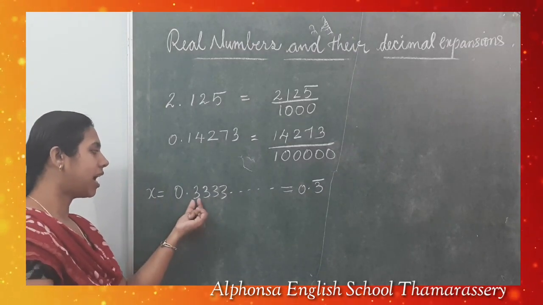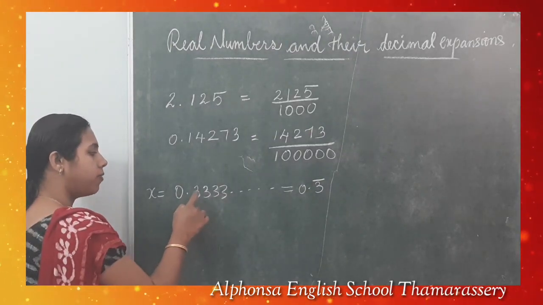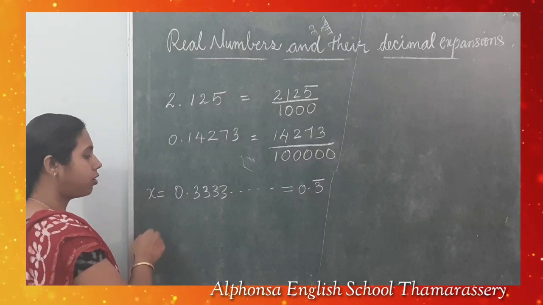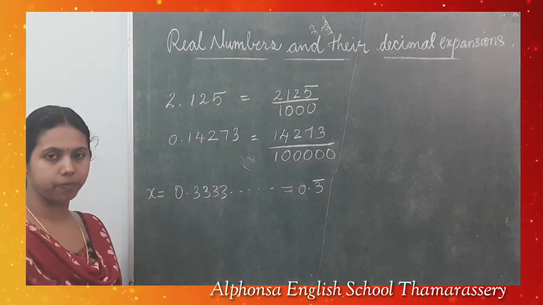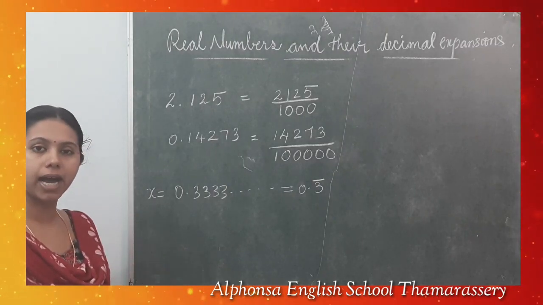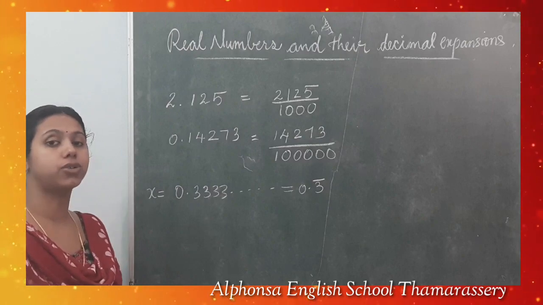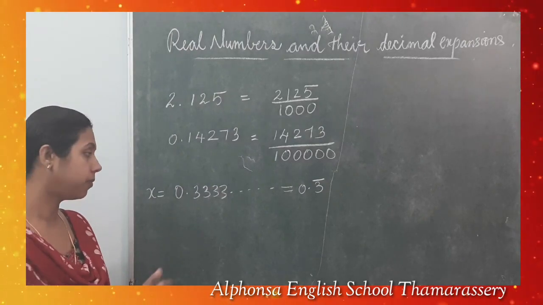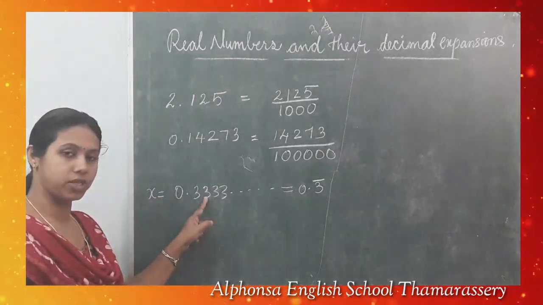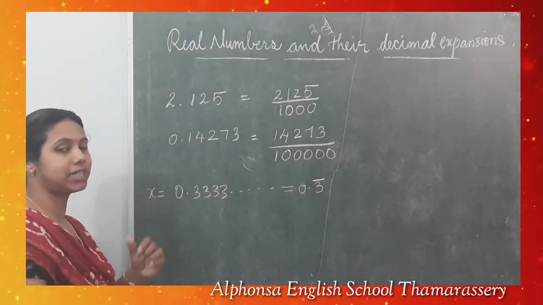Because here only one digit is repeating. If only one digit is repeating, you have to multiply by 10. If two digits are repeating, you should multiply by 100. If three digits are repeating, you should multiply by 1000. Here only one digit is repeating, that is 3 only. So multiply both sides by 10.